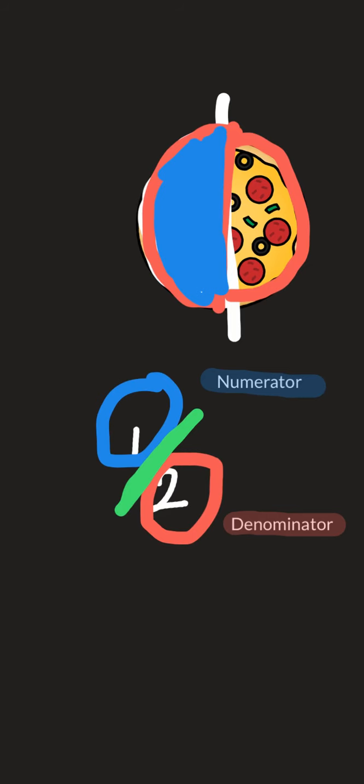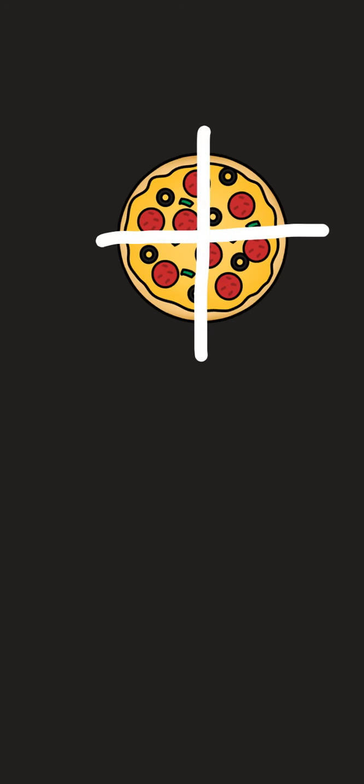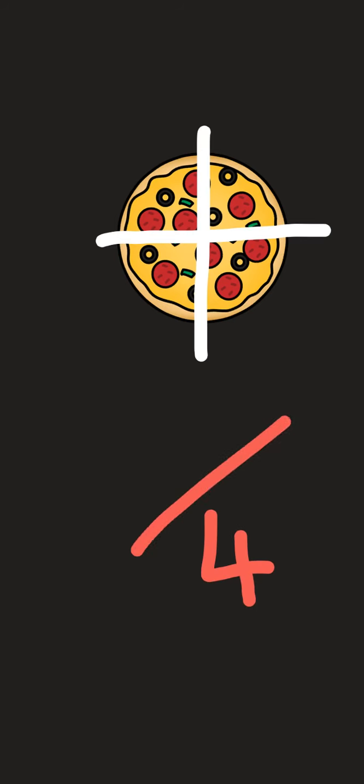So let's look at that again. With this pizza, I am splitting it into 4 equal parts. So my denominator is going to be 4. I've split the whole into 4 equal parts. There's my line to separate the numerator and denominator.